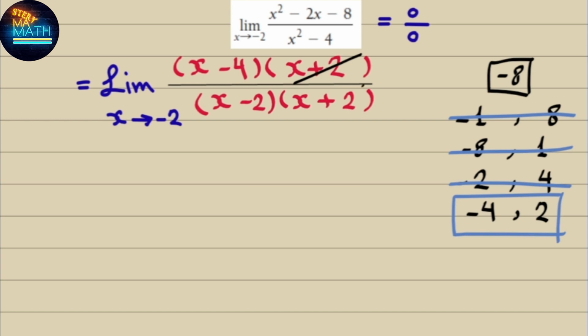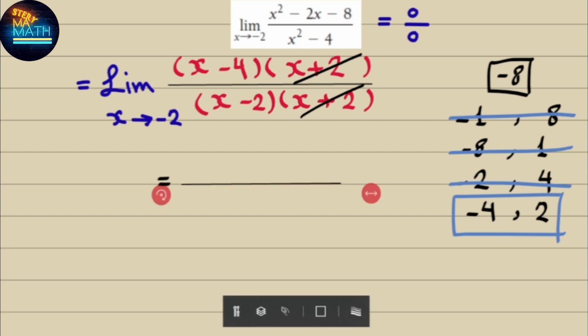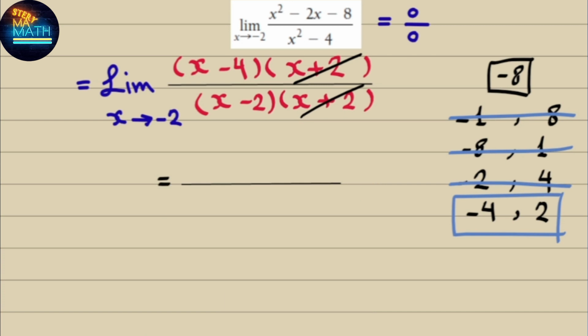And here you have x plus 2 in the numerator and x plus 2 in the denominator. Now we have left over the limit as x approaches negative 2 of x minus 4 divided by x minus 2. Now we can substitute x with negative 2 directly.